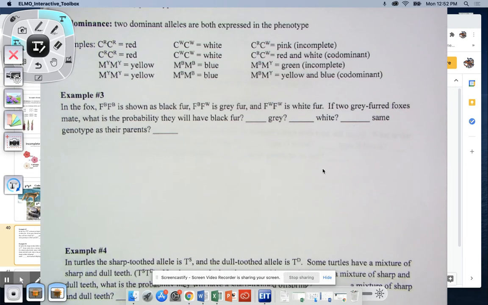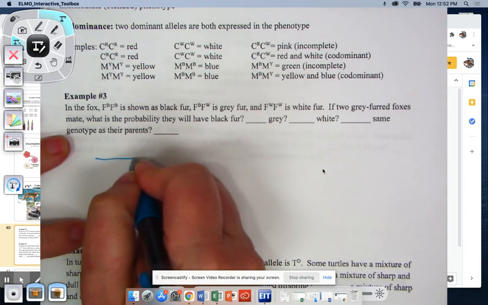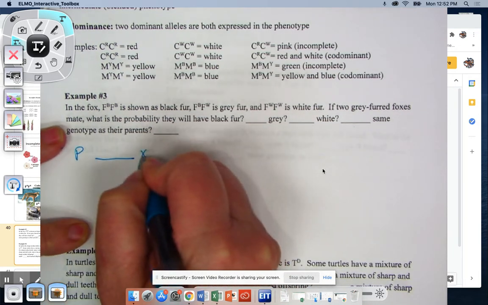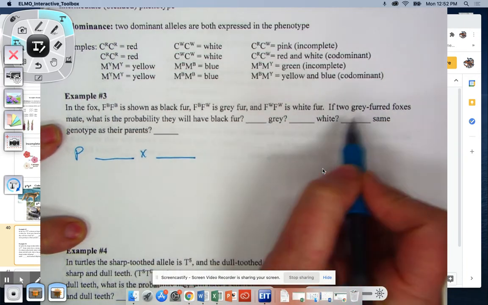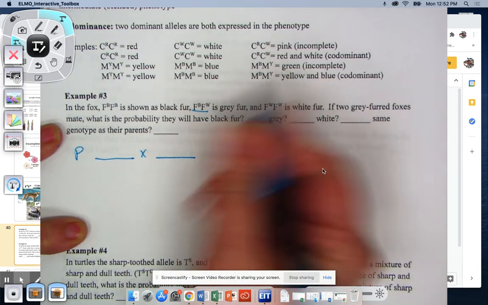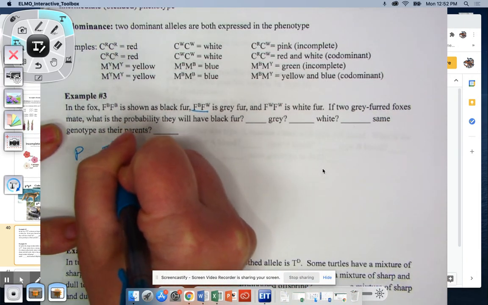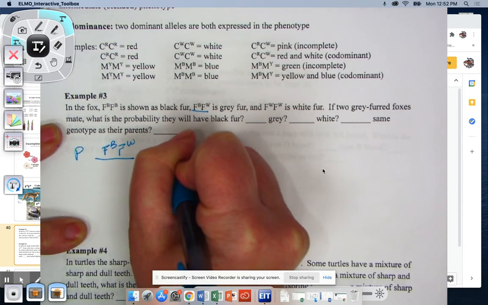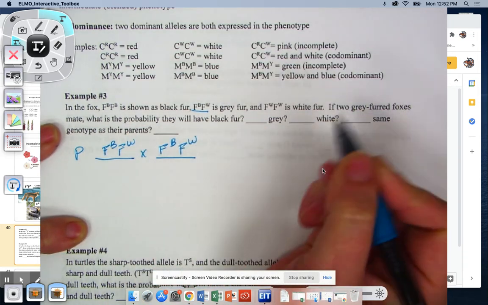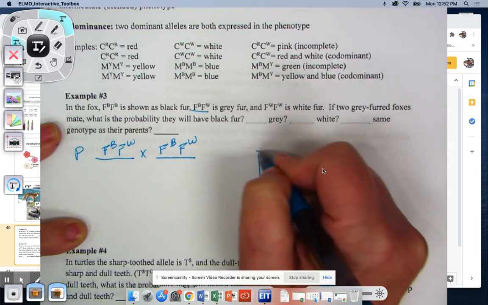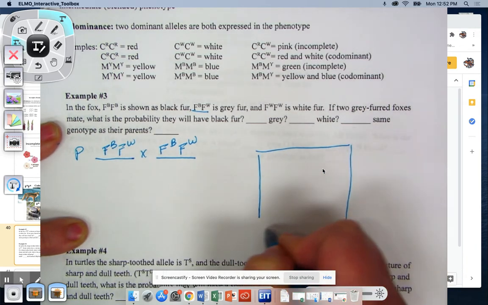So let's do this. What are our parents? So 2 gray furs. Here it is. FB, FW, FB, FW. Going to do our same Punnett squares we did yesterday.